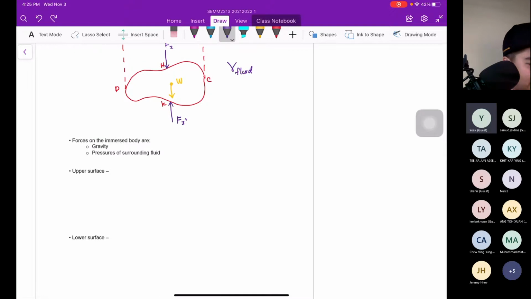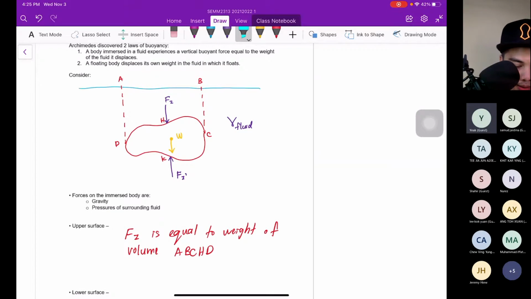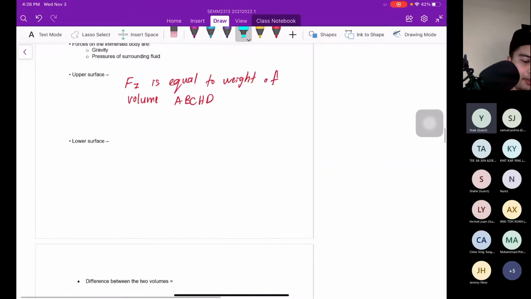The vertical component Fz is equal to the weight of the volume A, B, C, H, D. So you can see A, B, C, H, D. So that means Fz is basically equal to the weight of the volume A, B, C, H, D. That is Fz, the upper surface.